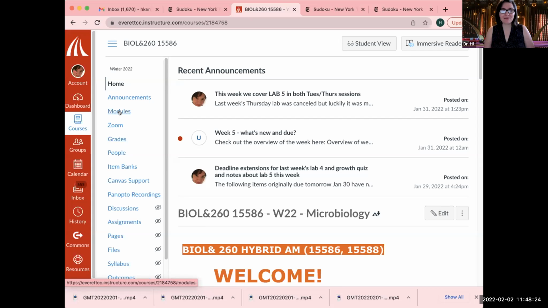Lab 4 and lab 5 are both due this Sunday. So by the end of lab this week, you'll have everything you need for lab 5. And if you were here last week for lab on Tuesday, you have everything you need for lab 4. If you were not, basically for the Thursday people, I'll reiterate this on Thursday in lab, but really the only part of lab 4 that I'm grading on anyway is the online stuff.